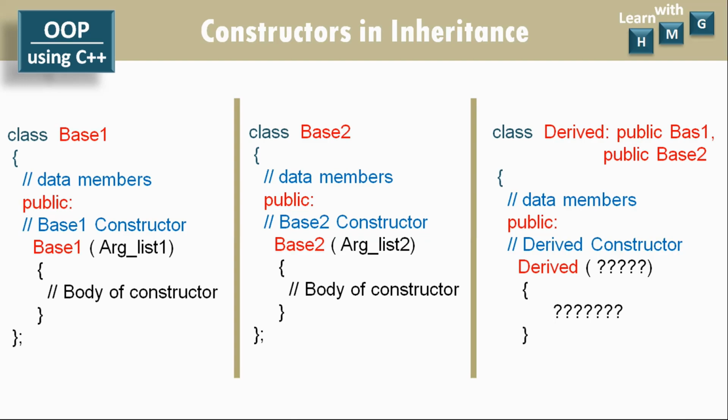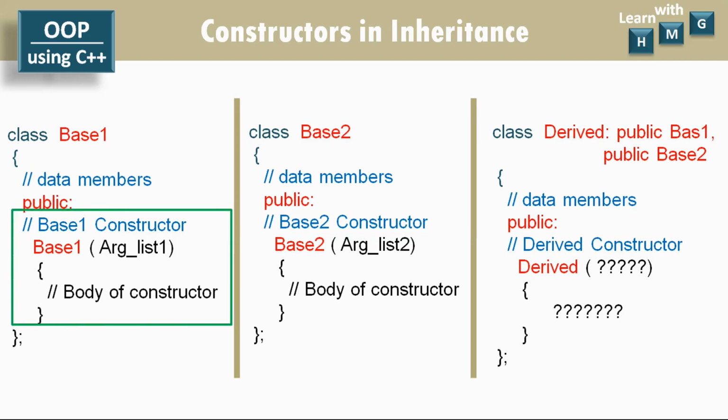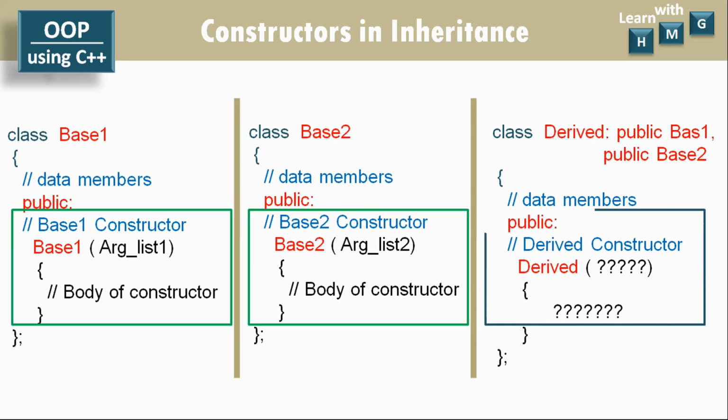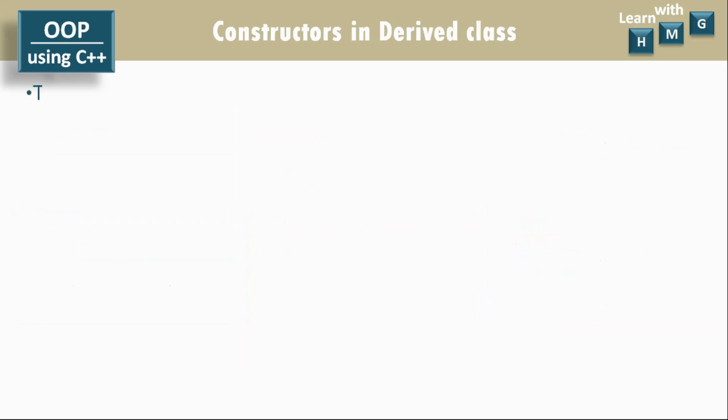I have put a question mark because the syntax is different, and I am going to explain how to define the derived class constructor on the next slide. So there is a separate constructor in the first base class, another base class may have another constructor, and there will be a separate derived class constructor, which is a special constructor definition that I am going to explain now.